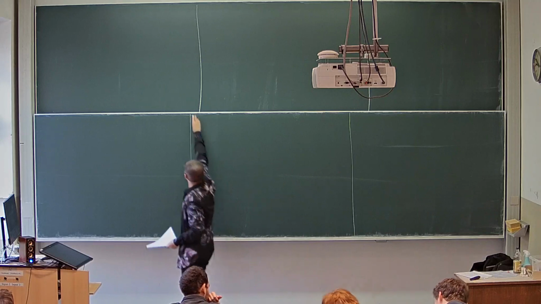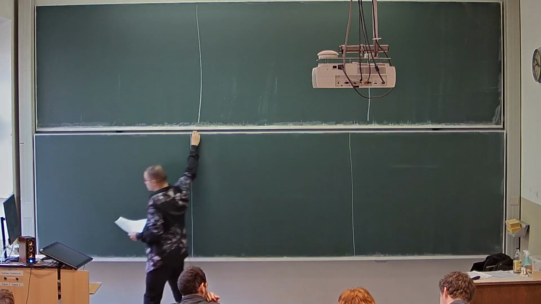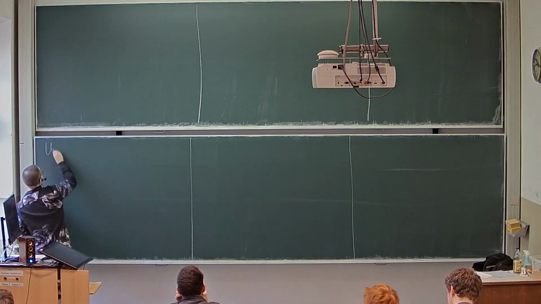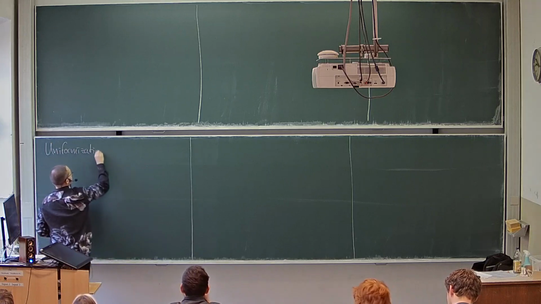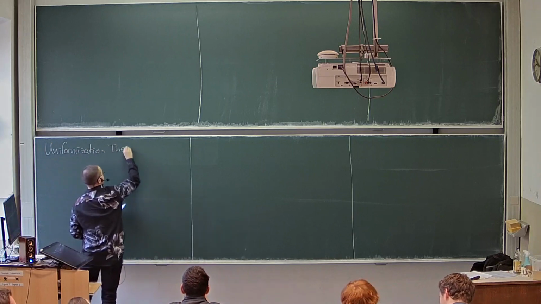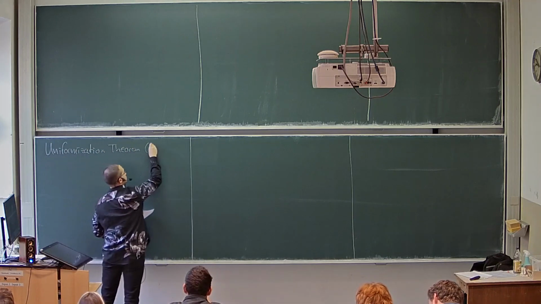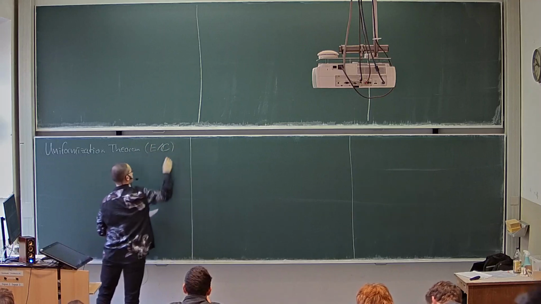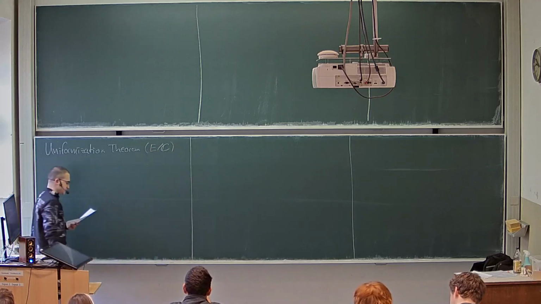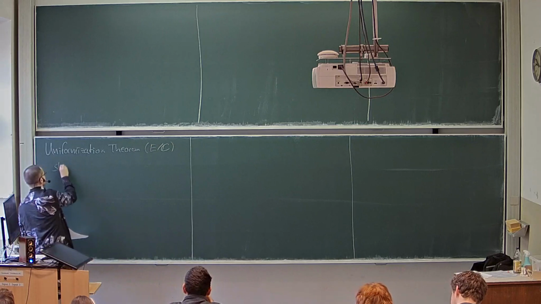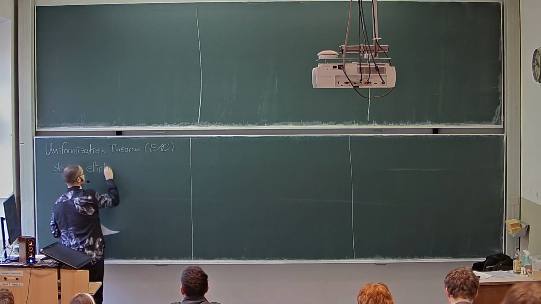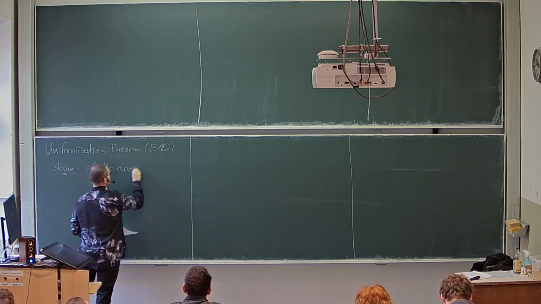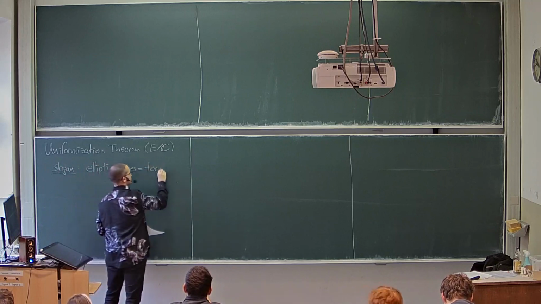Okay, and to make this a bit more precise, what I want to do today is to prove something called the uniformization theorem for elliptic curves over C. I will give a precise statement later on, but the slogan you should keep in mind is the following: over C, elliptic curves are nothing else than tori.